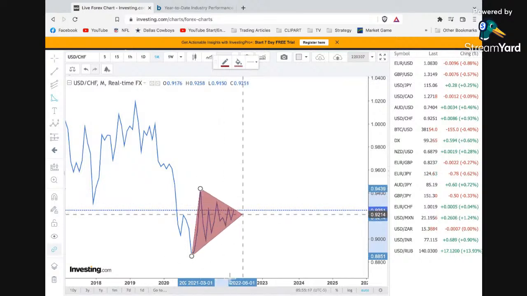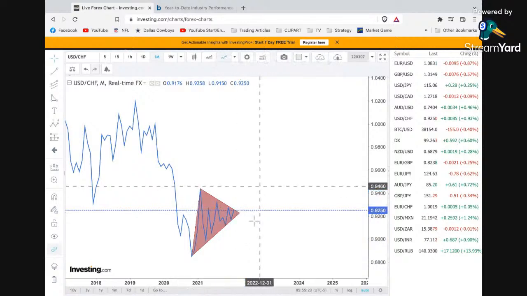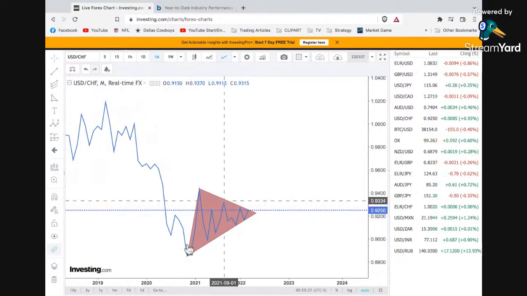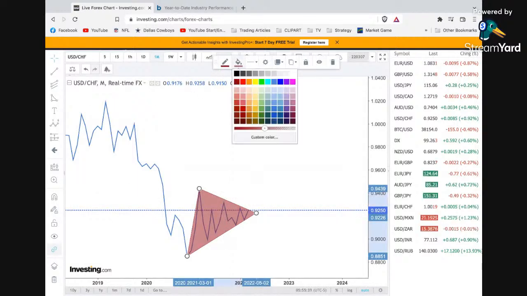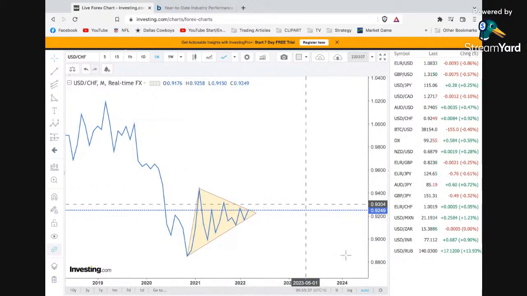A symmetrical triangle pattern can break either way. It's not a perfect symmetrical triangle. It can break either way, which adds a little bit of drama. Yeah, there you go. It can break either way.